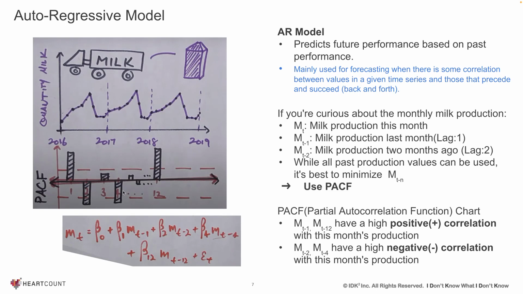For instance, values from the previous month, m sub t minus 1, and the same month from the previous year, m sub t minus 12, show a pronounced positive correlation with this month's production. But conversely, values from 2 months ago, m sub t minus 2, and 4 months ago, m sub t minus 4, display a strong negative correlation with this month's production.